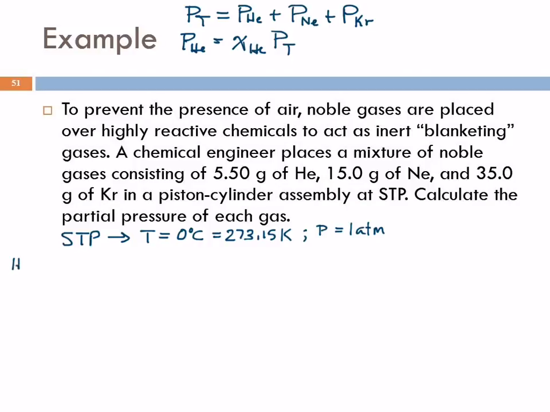So for helium, I've got 5.50 grams. And I can convert that to moles using the molar mass of helium, 4.003 grams per mole. So 5.5 divided by 4.003 is 1.37.